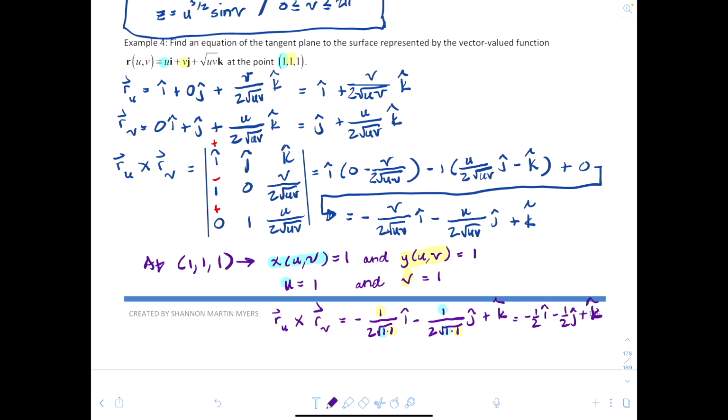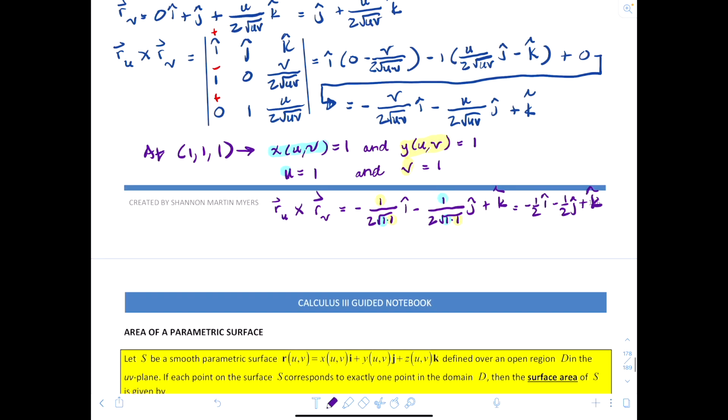Good so far? Awesome. So next up, let's get our direction numbers. So let's go ahead and just factor out a negative 1/2. And then we'll just get i plus j minus 2k.